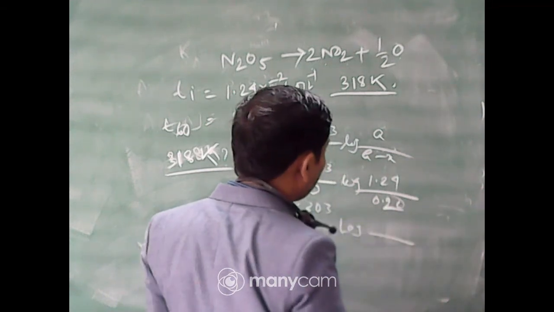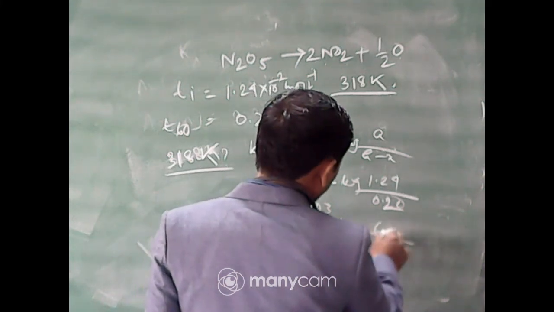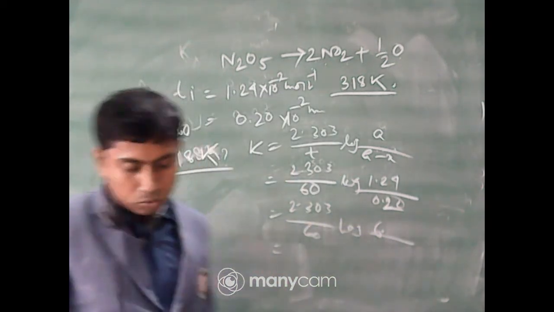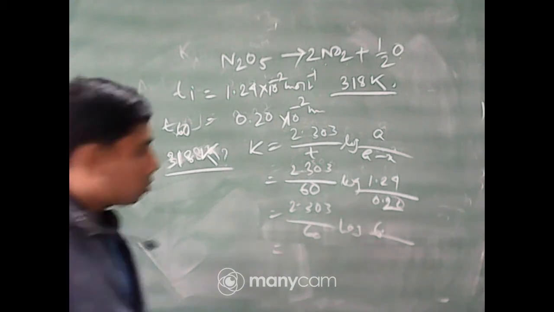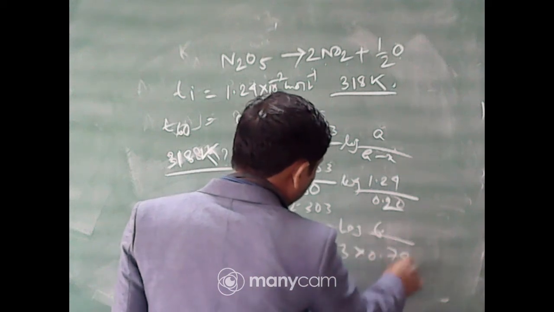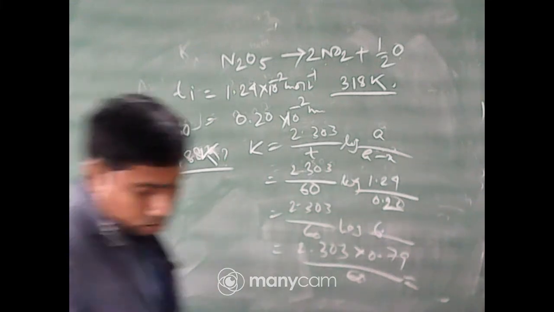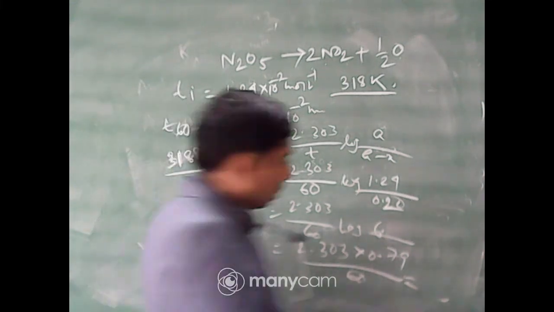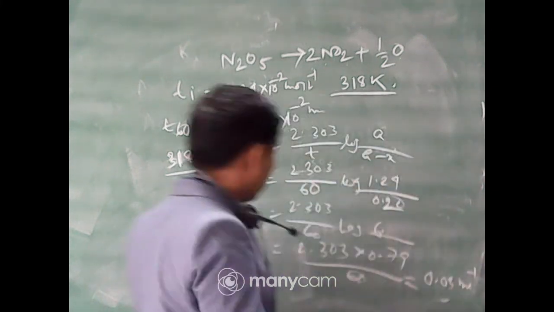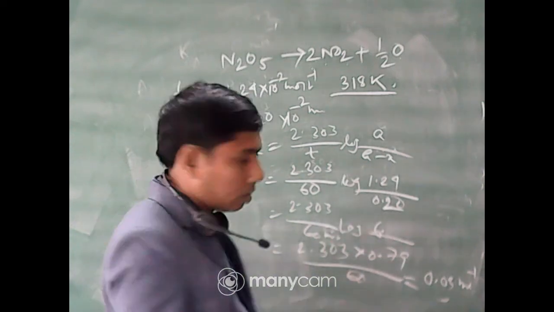That is 24 by 4, near about 6. So, log 6, log 2 plus log 3, is equal to 0.79. So, 2.303 into 0.79 divided by 60. So, the answer is 0.03 minute inverse, because it is in minute.